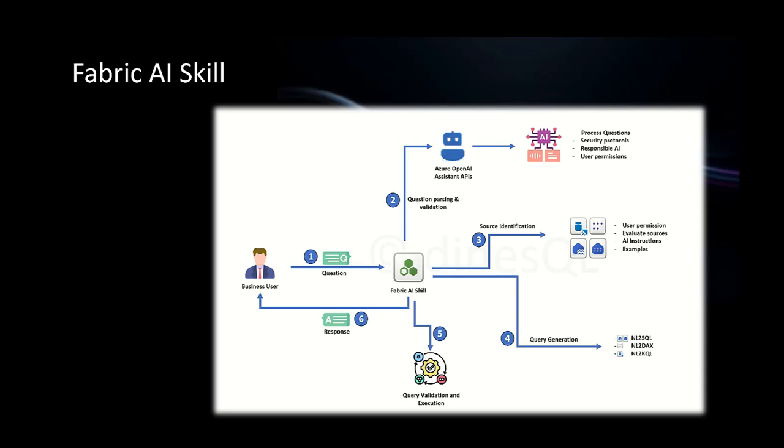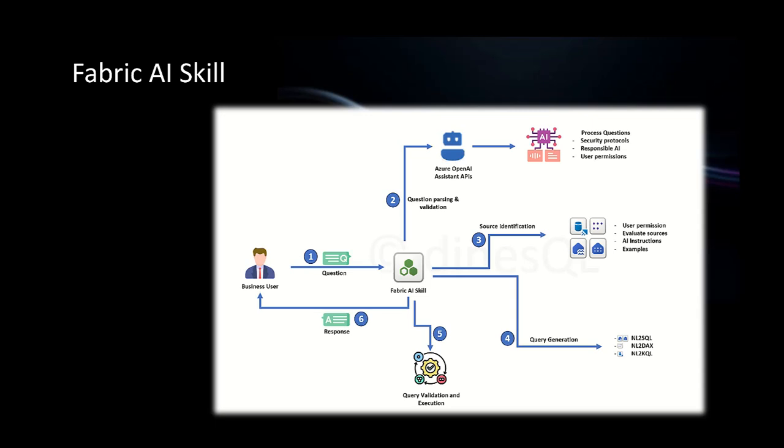As part of the demo, I'll show you the switches that have to be enabled. In addition, if you're going to use a semantic model as one of the sources for your AI skill, then you need to make sure the setting related to XMLA endpoints is enabled as well.